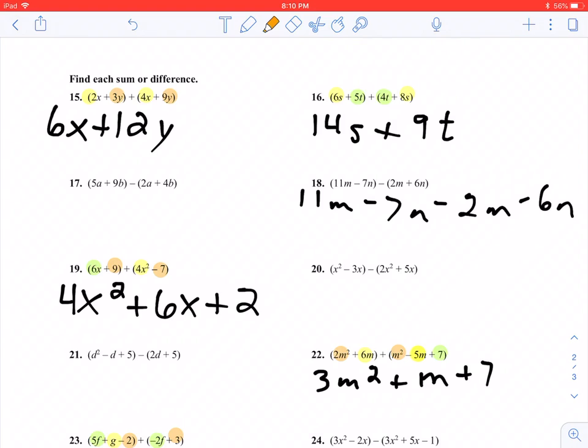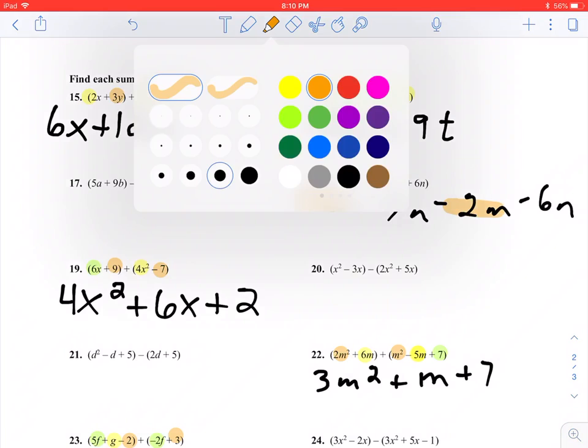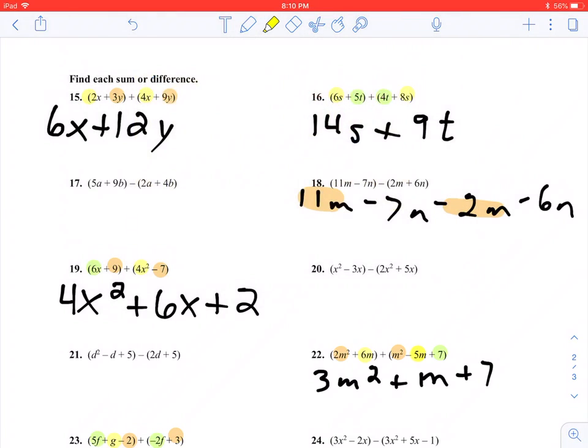Now you can see we have like terms. The 11m and the negative 2m are like terms, followed by the negative 7n and the negative 6n. So we're going to combine those. 11 minus 2 is 9m, and then negative 7 minus 6 is negative 13n. So there you go. There's number 18.